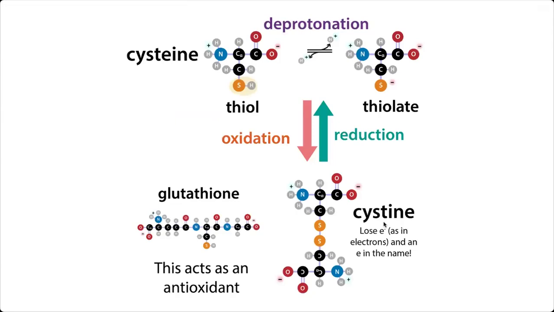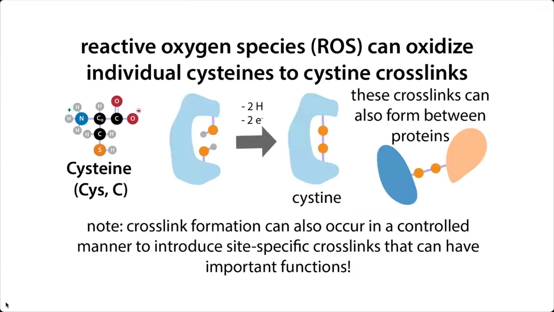When you form these crosslinks, so these disulfide bridges, they're sometimes called, that is going to actually change what we call the cysteine. So we go from having cysteine to having cystine. And so basically you lose the electrons and you lose the E in the name is how I remember it. And so that would be oxidation when you are going and forming these crosslinks because you're taking that bond to hydrogen where you got to take the electrons to a bond to a sulfur where now you have to share electrons.